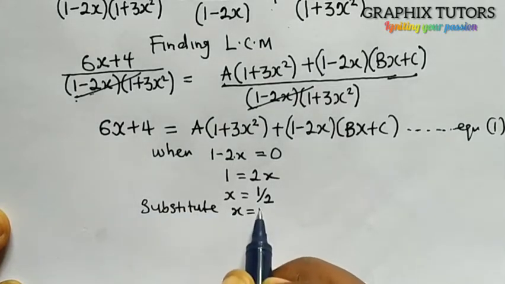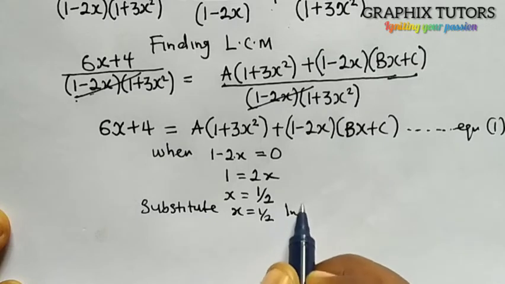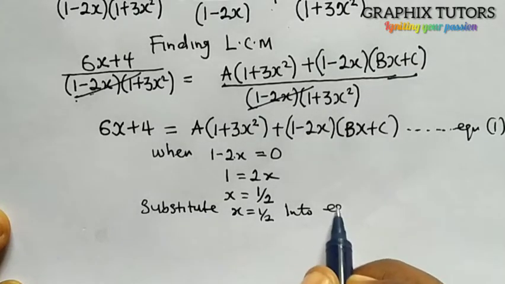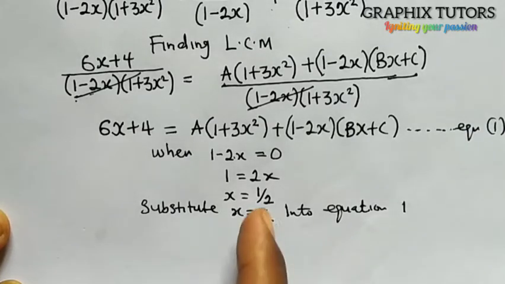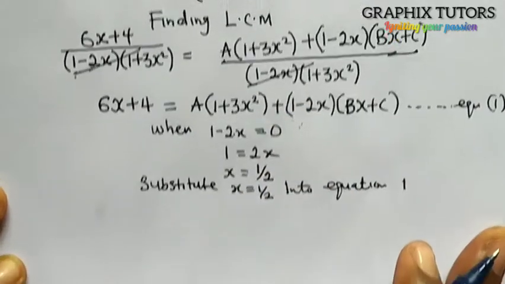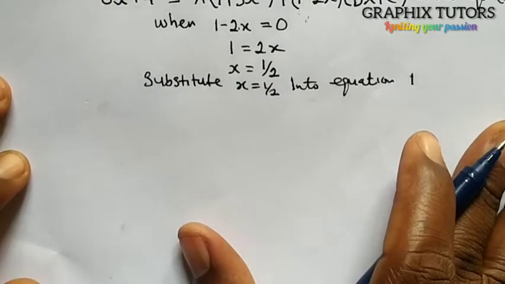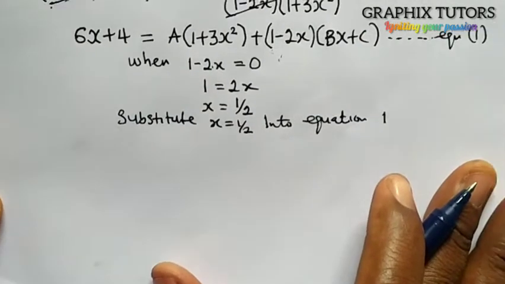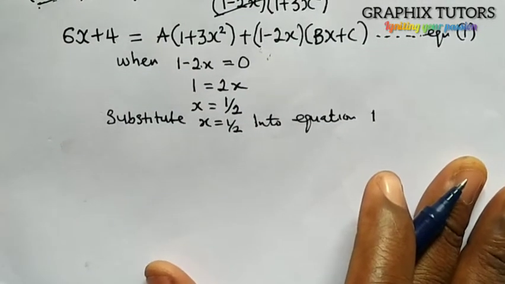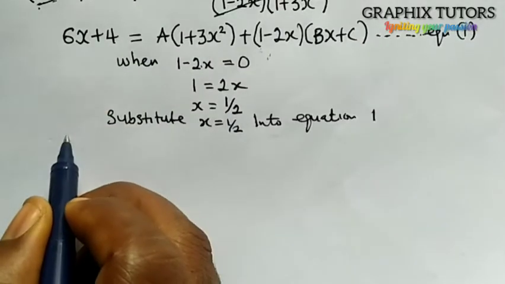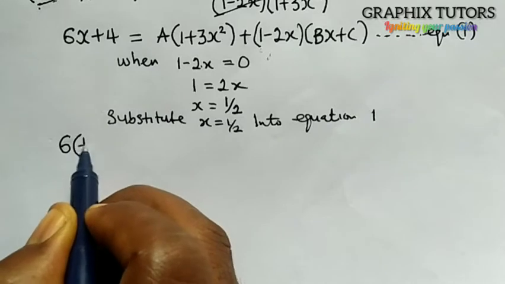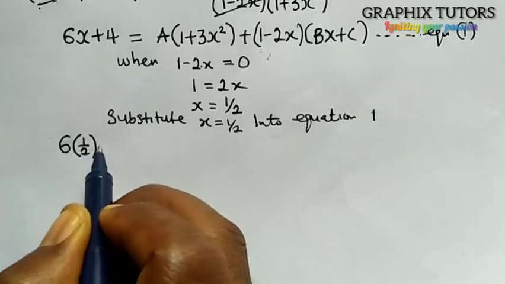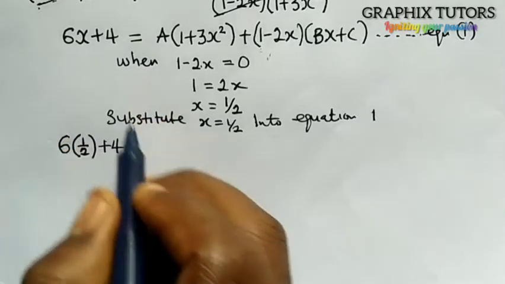So now we are going to substitute x equals 1 over 2 into equation 1. So we'll put this x equals 1 over 2 here. So this is 6, but x is said to be 1 over 2, plus 4, right?